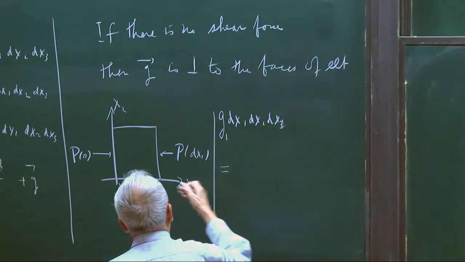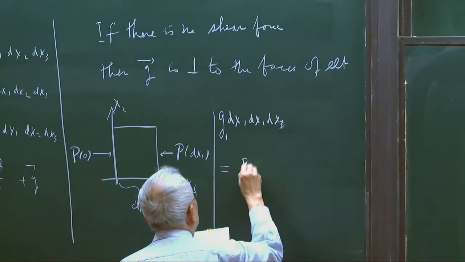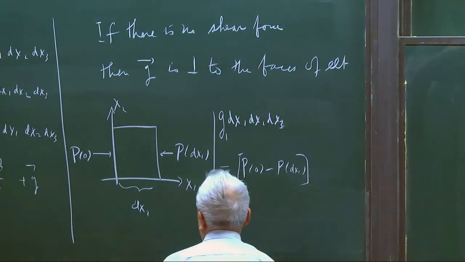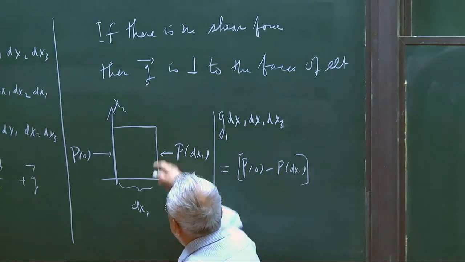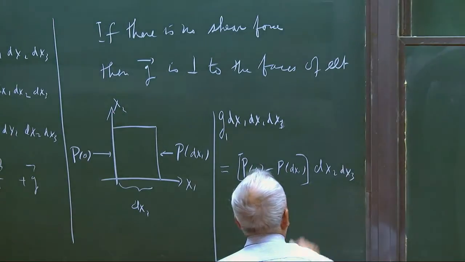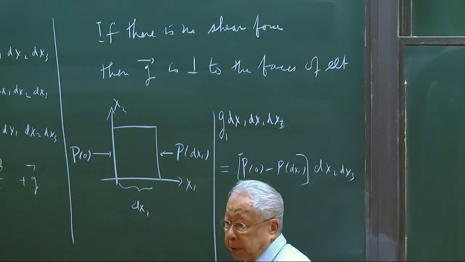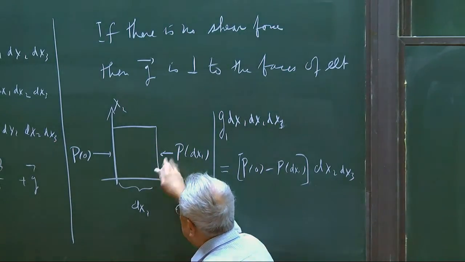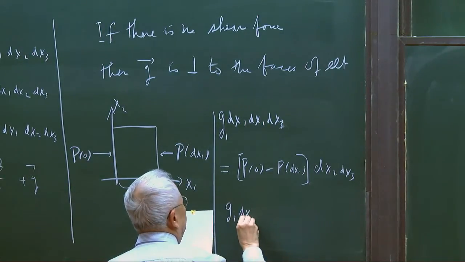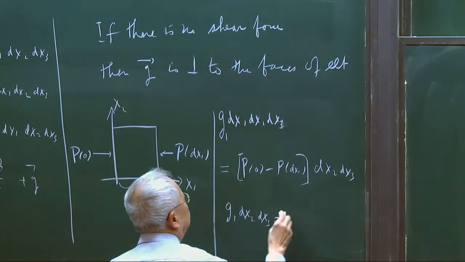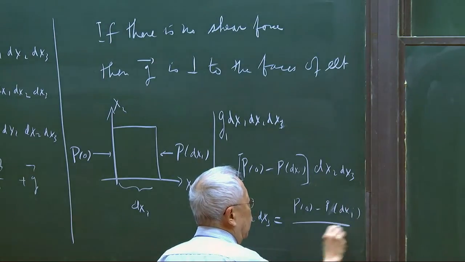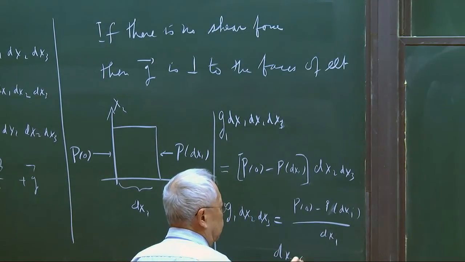This should be equal to the difference between these two forces, P at 0 minus P at dx1, times the area, which is the area of this face, equal to dx2 times dx3. Because P is force per unit area. Then g1 times dx1 dx2 dx3 is equal to P at 0 minus P at dx1 times dx2 dx3.